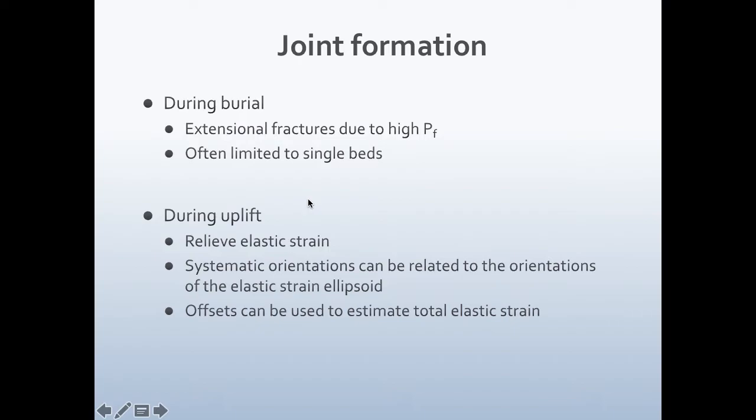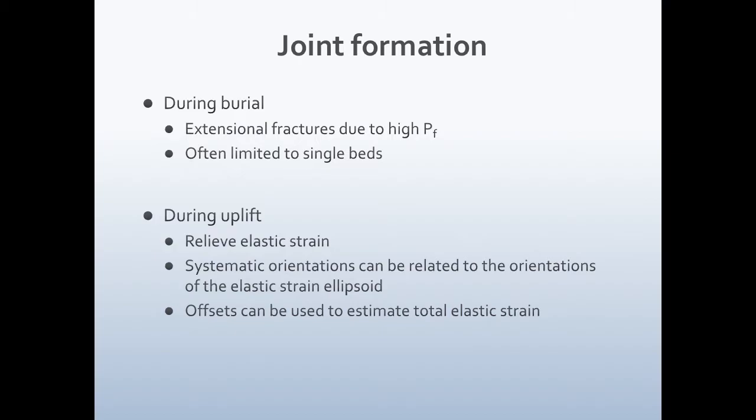Most joints that we see occur during uplift. There's more than one reason, but basically, as erosion is occurring, rocks are moving towards the surface of the earth. And so the rock is both cooling down, which causes it to shrink a little bit.